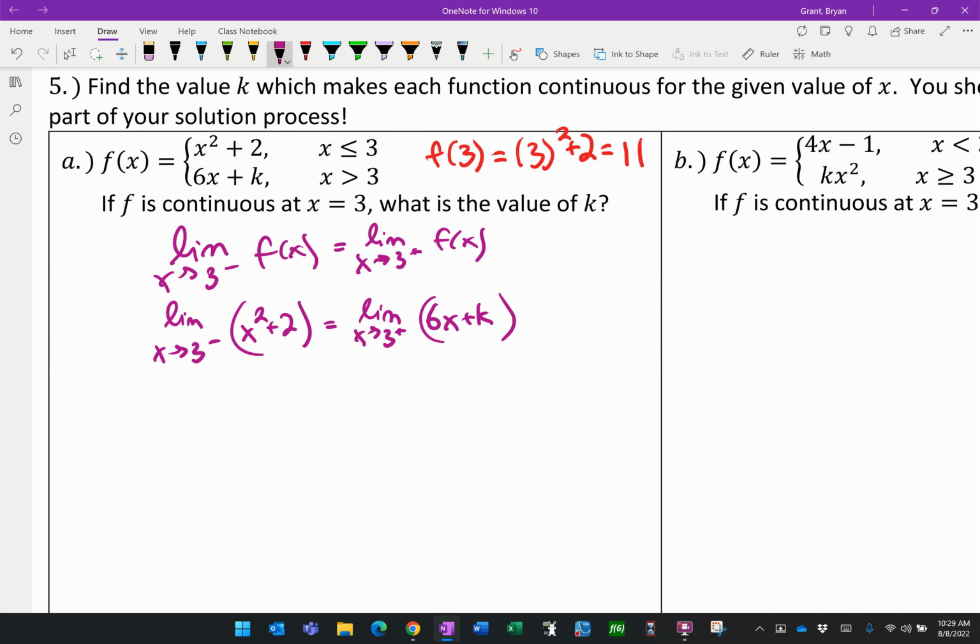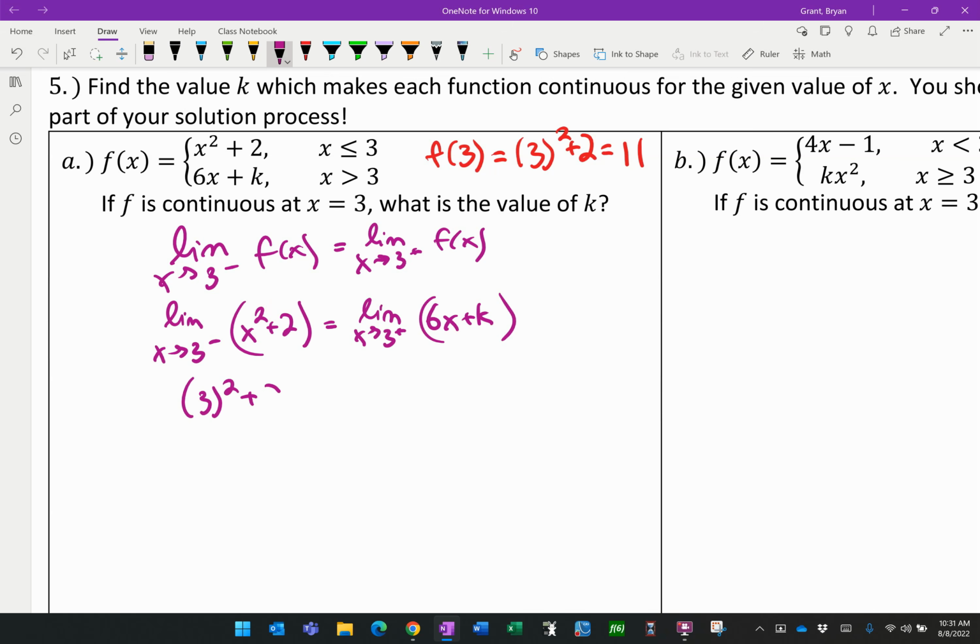Now we can substitute in 3 once we've set up those limits, right? Again, I see many students go through and just say x squared plus 2 equals 6x plus k. Nope, not true. A parabola is not equal to a line.